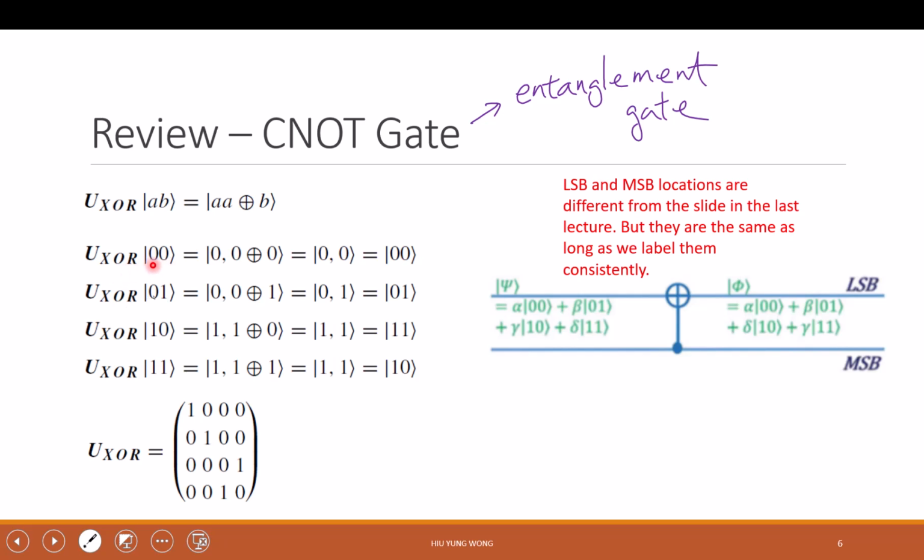0, 0. First of all, the first qubit doesn't change, 0. But the second qubit becomes A exclusive or B, so it's 0 exclusive or 0. Again, how many 1s do we have here? 0, right? So that's why you get 0. So the result is 0, 0. Are you okay with this? Any questions?